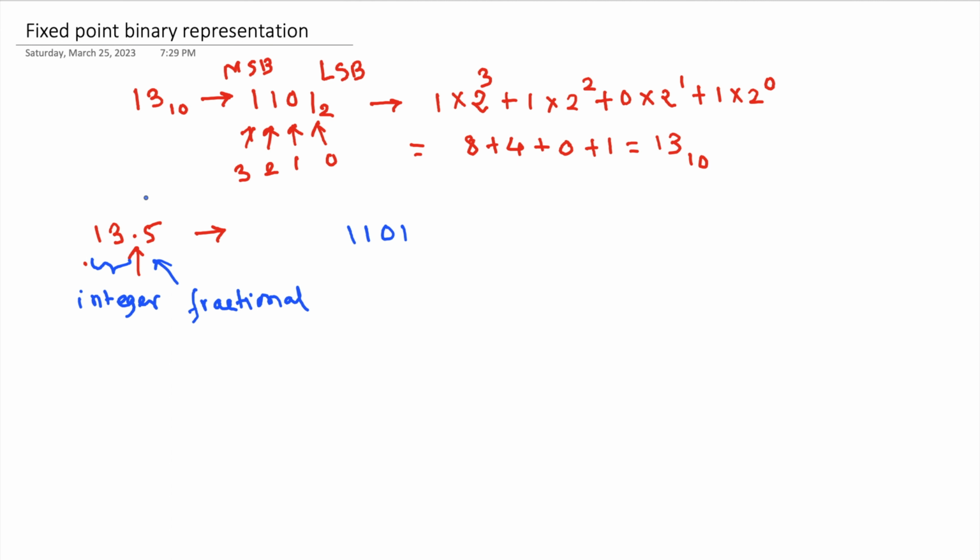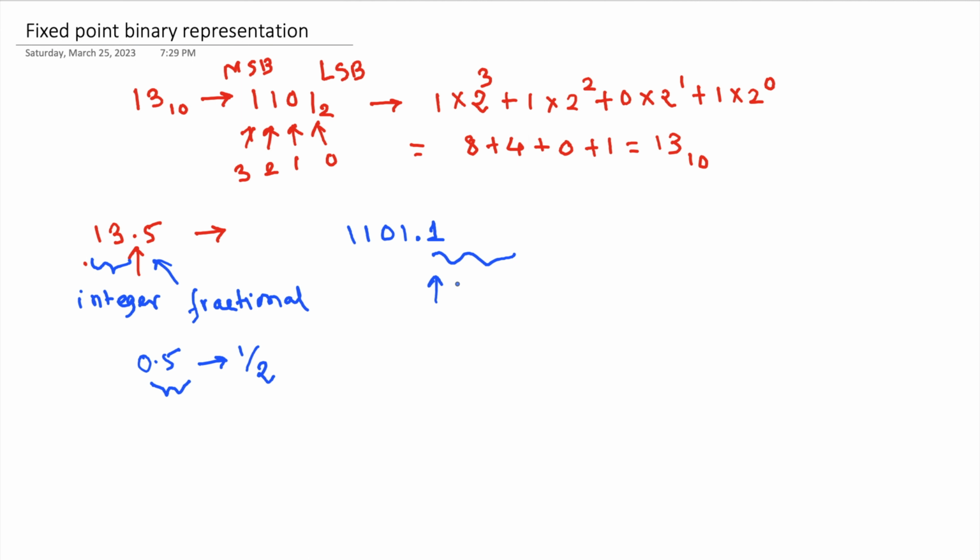Similar to a decimal point, we can also have a binary point. Let's say this is here, and this is nothing but 0.5, right? The 0.5 is just half. So this is simply 1.